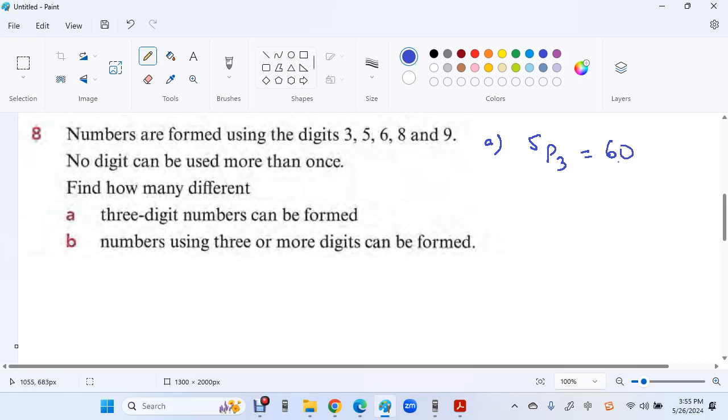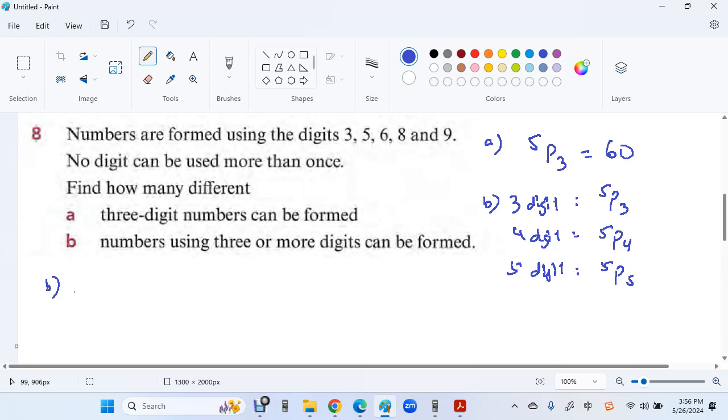Okay. Numbers using 3 or more digits can be formed. So B, we have 3 digits, then it is 5P3. 4 digits, then it is 5P4. 5 digits, we have 5P5.